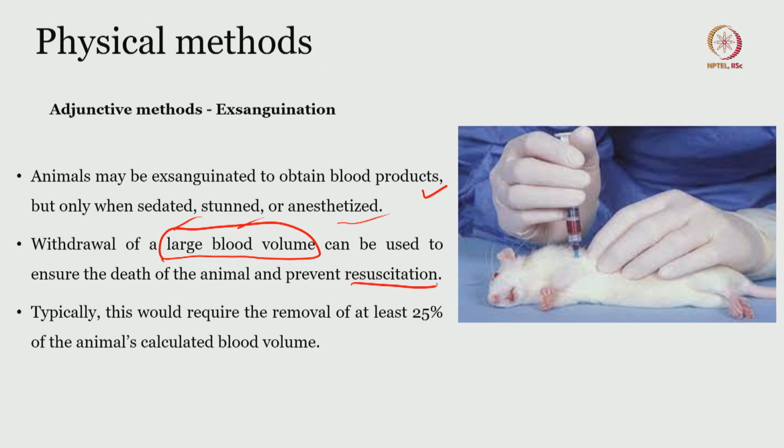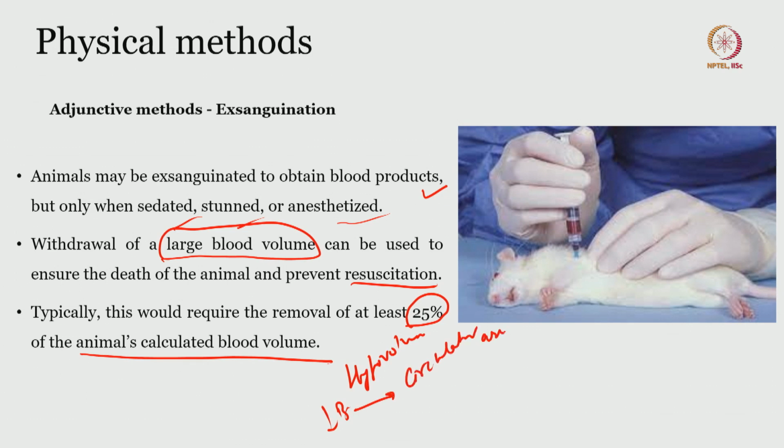So typically this would require removal of at least 25% of the animal's calculated blood volume. Only then it ensures death due to hypovolemia, that is reduced blood volume, which will cause circulatory arrest due to reduced stroke volume of the heart.